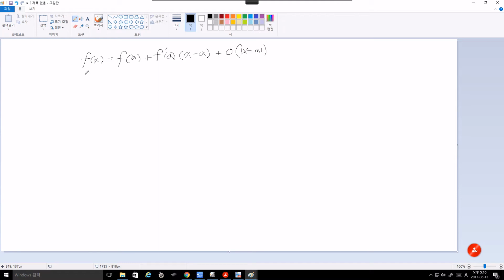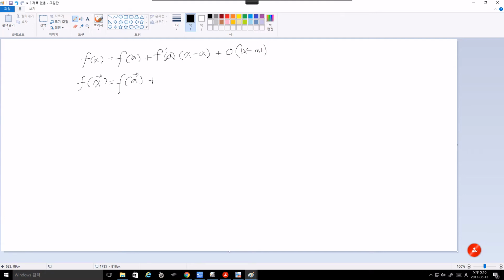And then for f, now x is a full vector. Because it's confusing, let's put an arrow over it to denote this vector. Then it is f(a), and now a should be a vector as well.